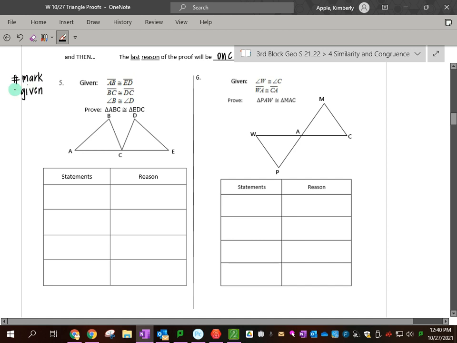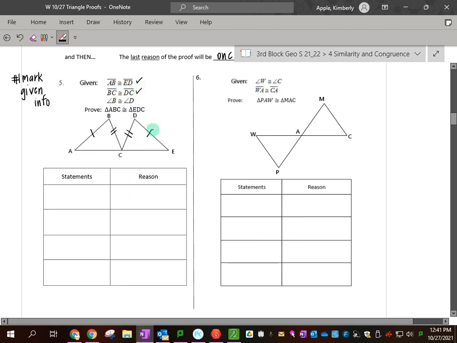So the first step, number 1, mark the given information on the diagram. The first thing it gives me is segment AB is congruent to segment ED. So you notice your homework last night is just kind of a step right below this, and then we're adding more to it. Okay, that one has been marked. Then we're going to mark BC congruent to DC.